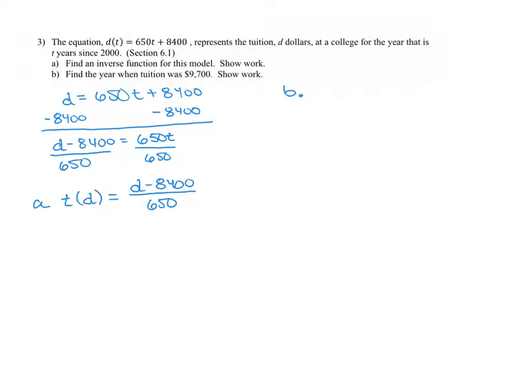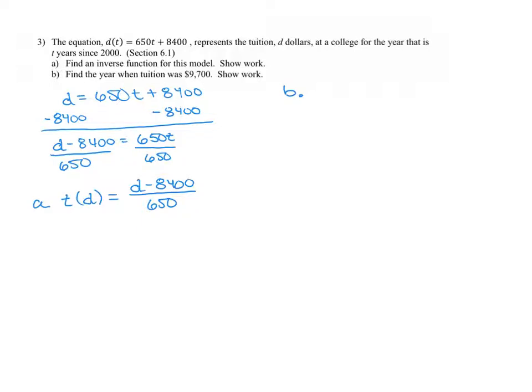Now for the second part, it says find the year when tuition was $9,700. So 9,700 is a dollar value, meaning that it's going to go in for D. Whether you choose to use the original function or the inverse function doesn't matter. Okay, so if you're stuck on finding the inverse function, note that you can plug this into the inverse function or the original function.